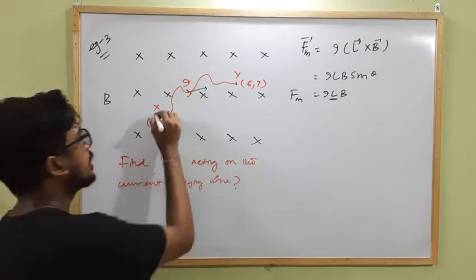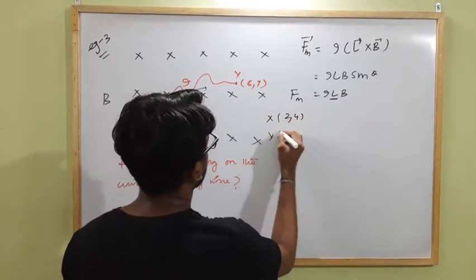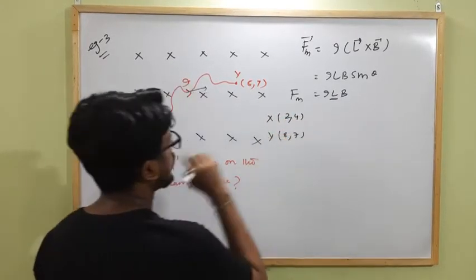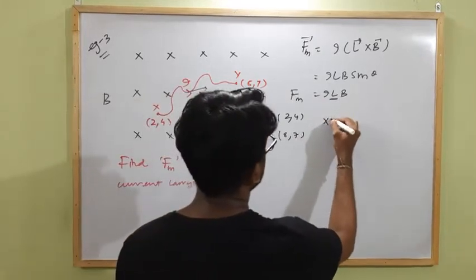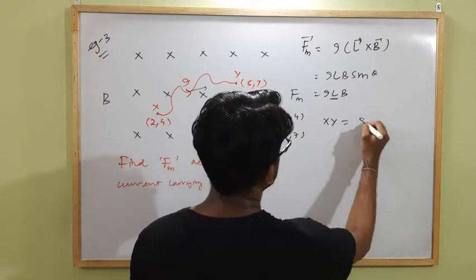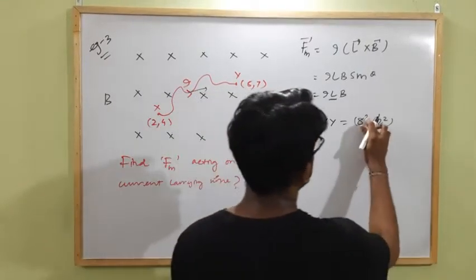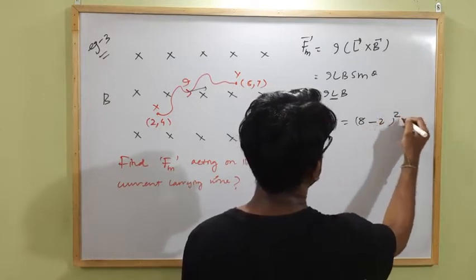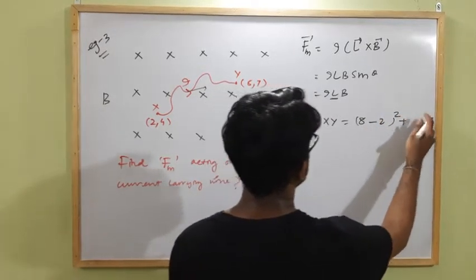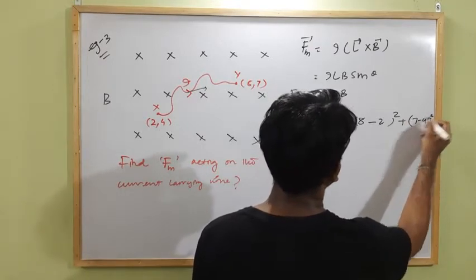The initial position is (2, 4), the final is (8, 7), and we know how to find the displacement: the square root of (8 minus 2) whole square plus (7 minus 4) whole square.